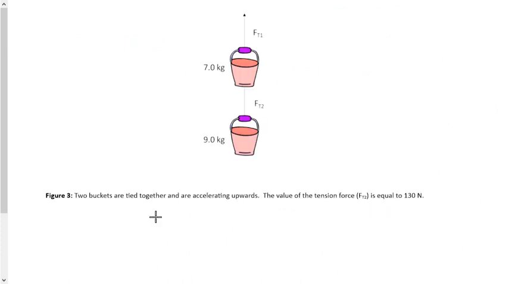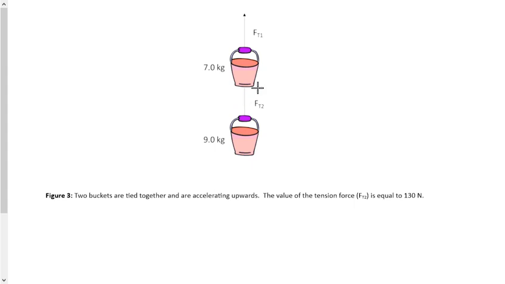Okay, now what about another example? Let's say we have two buckets, and they are accelerating upwards with this force tension 1 going up here. And of course, there would be a force tension 2 that's also being applied here.